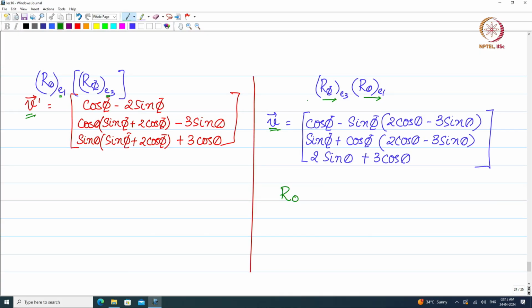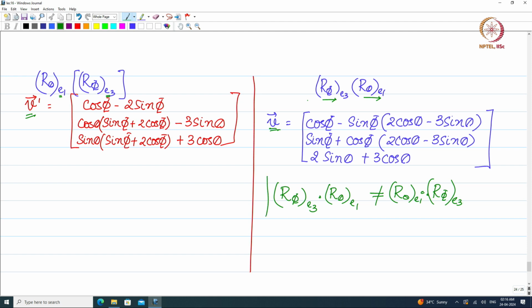That means r phi about E3 into r theta about E1 is not equal to r theta about E1 into r phi about E3. These two are not the same.